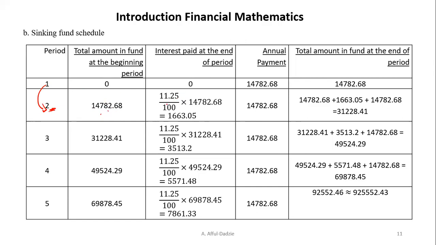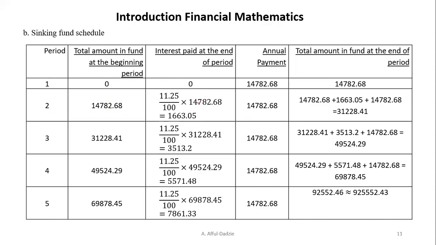Now we will calculate the interest of what is in the fund, which is this amount. So we have 11.25 over 100 times that, which is the same as 0.1125 times the 14,782 we have in the account.